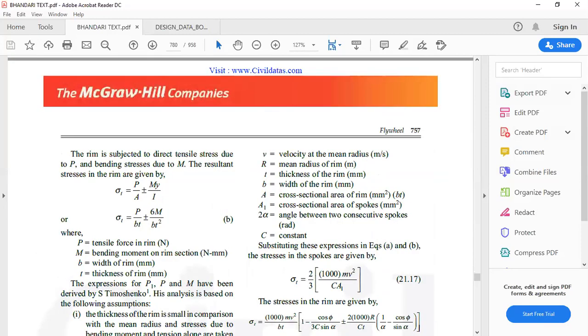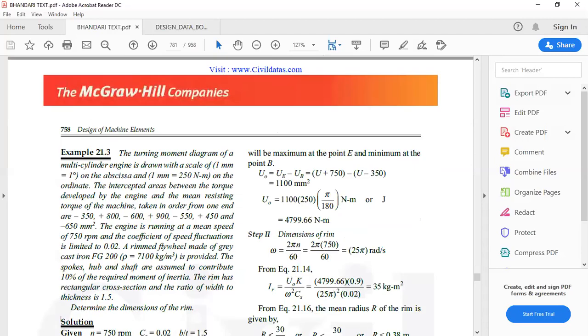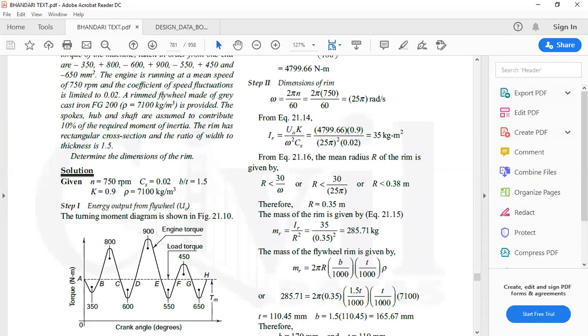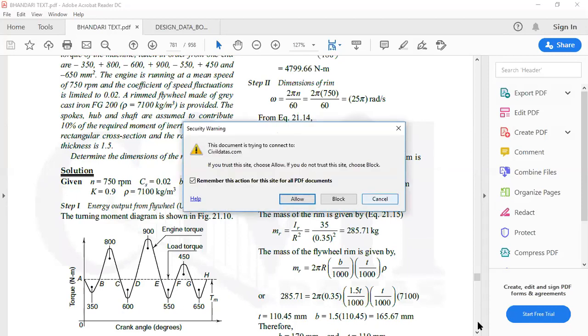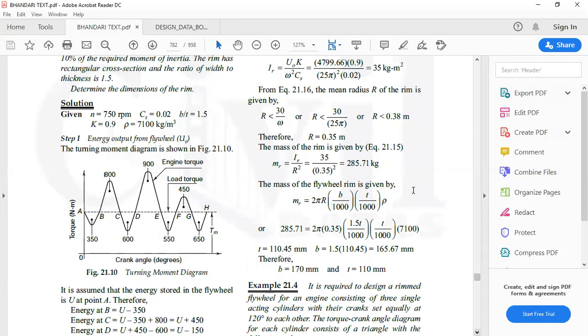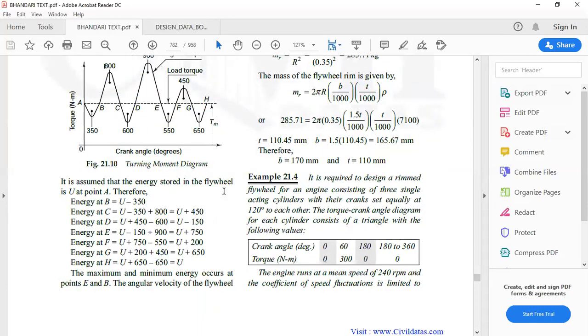So you can see this question. Taken in the order from 1 to R, minus 350 plus 800 minus 600 plus 900. So it keeps on varying. You can see this graph. This graph is given in your data book as 15.1 also. The only thing is each point you find the energy. We assume that energy is some value U at point A. Again find each point, that is B point, C point, D point.